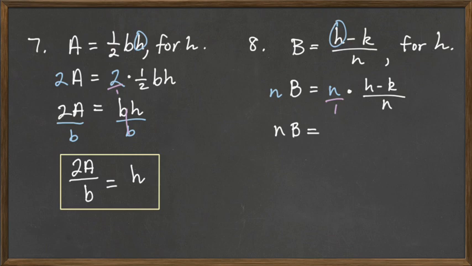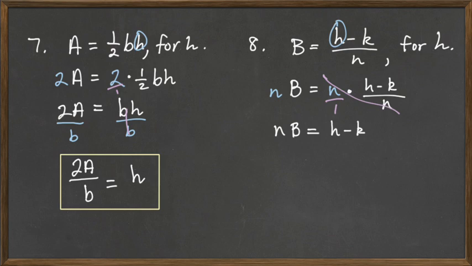And we can cancel a factor in the numerator with a factor in the denominator, in this case the n's. And we're left with h minus k over 1, or just h minus k. So be really careful. That's where people make their mistake. The n's go away, and you're just left with h minus k.